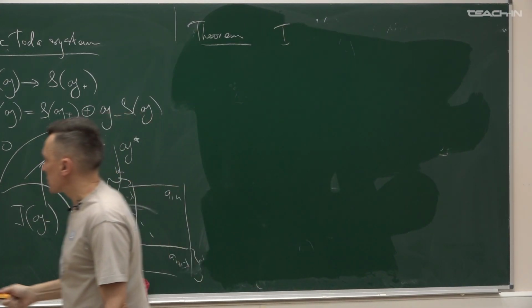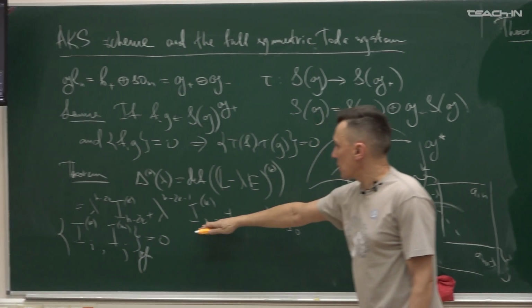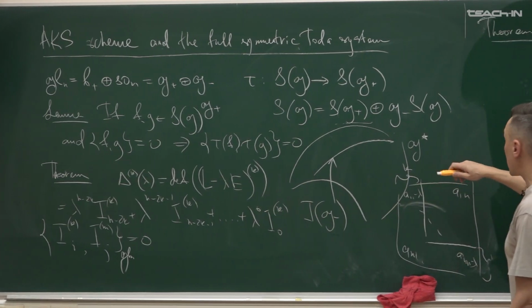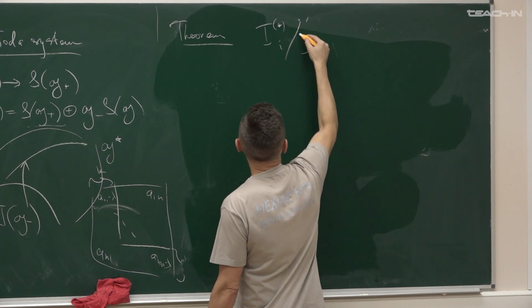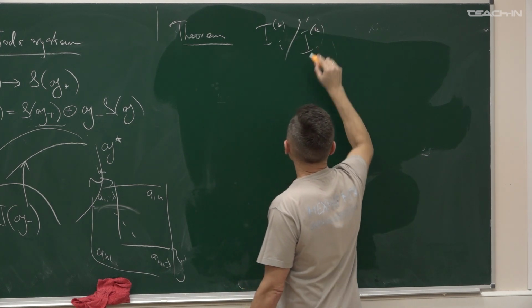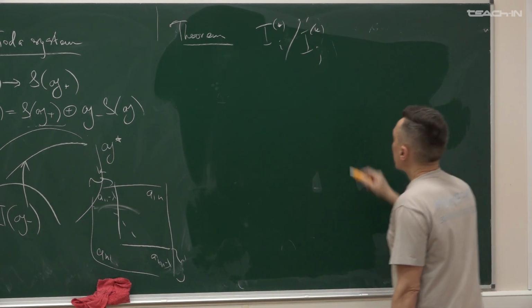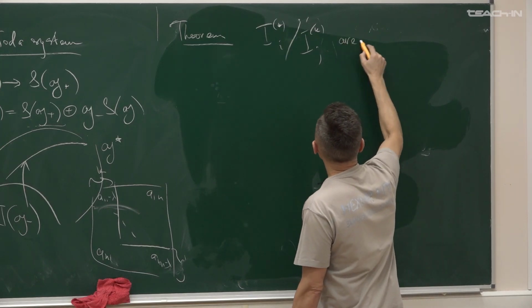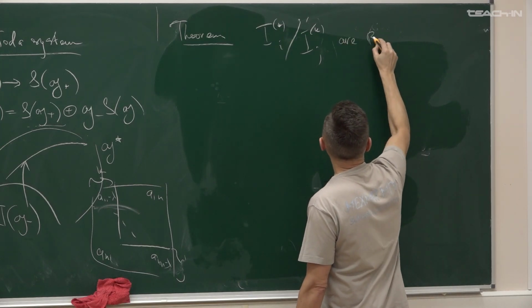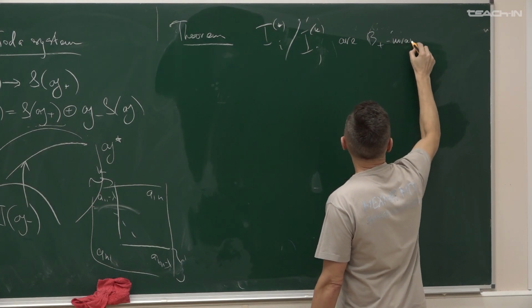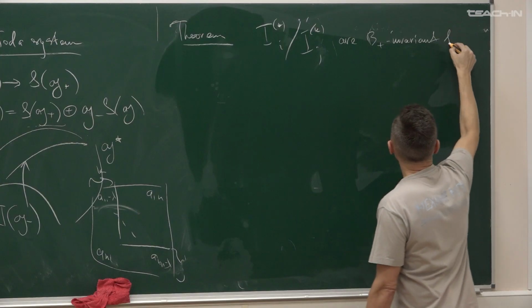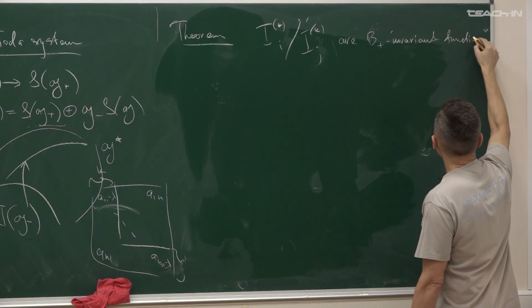And the second statement was that the ratios of the coefficients of the same partial characteristic polynomials, e_k,i divided by e_k,j, are B plus invariant functions.